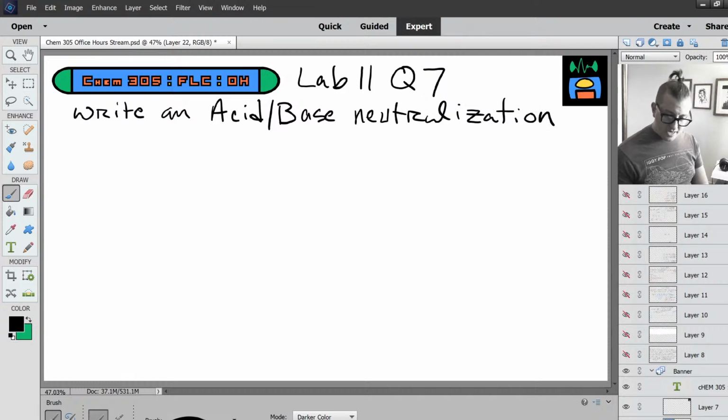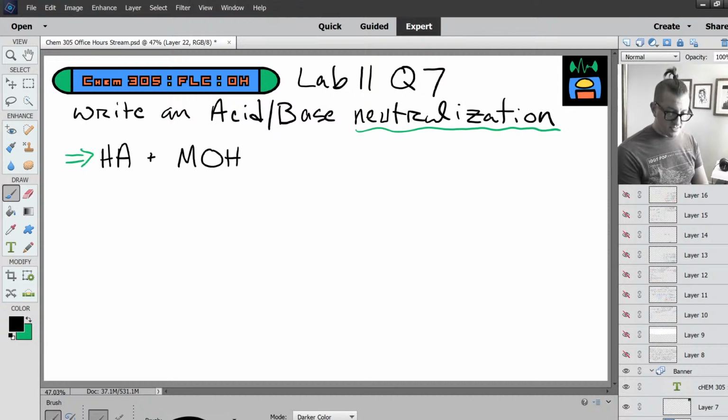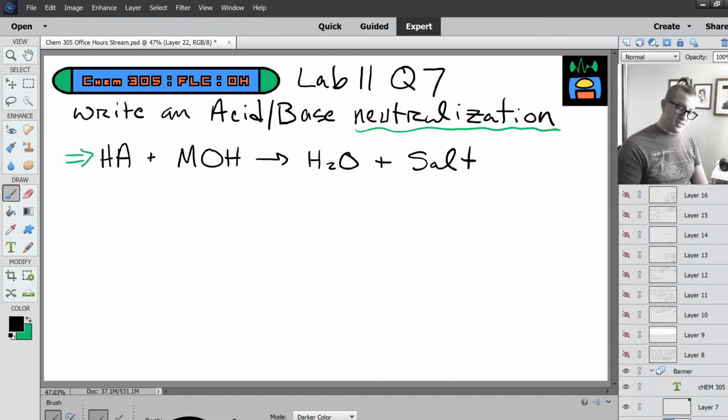All right, so already when we see that word neutralization, we're talking about some acid, HA, plus a metal hydroxide base that's going to produce water plus a salt. And a salt is a cation and anion.